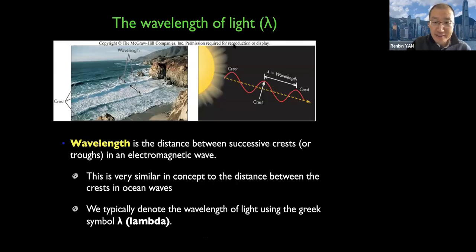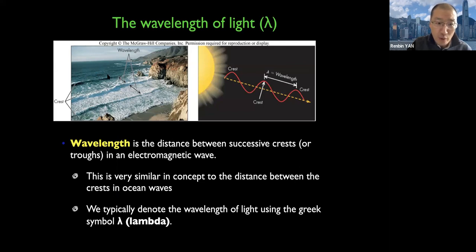Okay, and then there are some properties of waves that you need to remember. For example, the first thing is the wavelength of light. Here you can see a picture of ocean waves. When you go to the beach, you can see ocean waves, and you will probably notice that the distance between these waves is roughly constant.